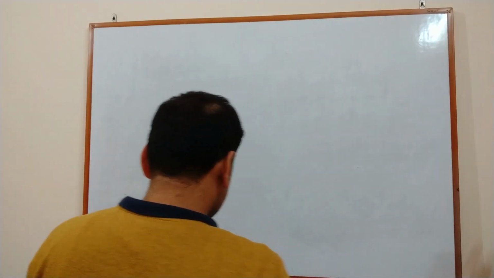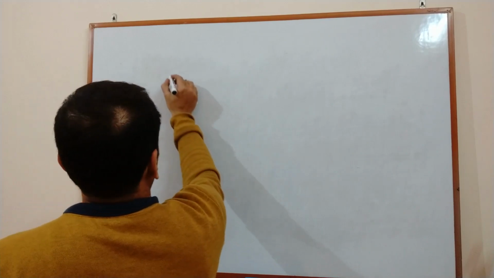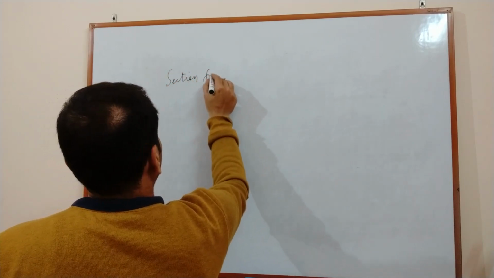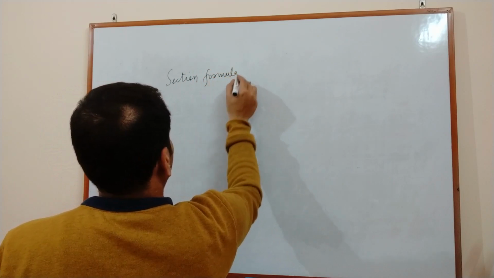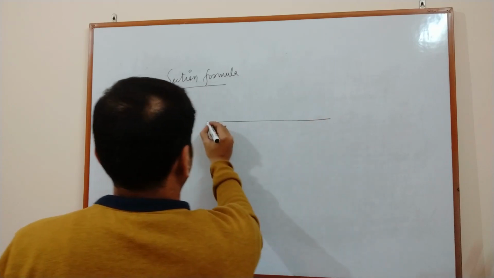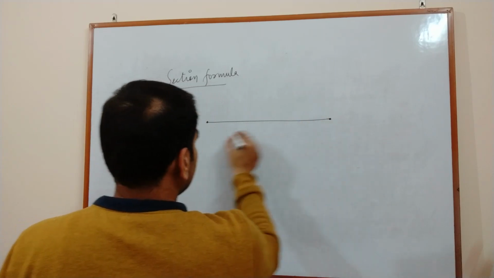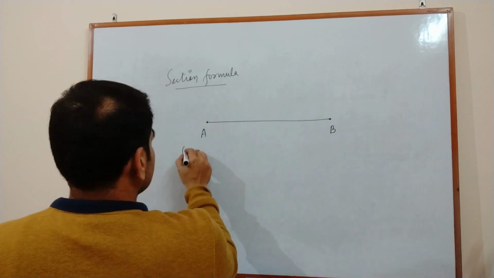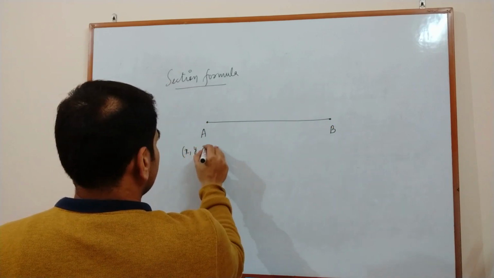We have z coordinate as well with the points. So the section formula is, again we have a line segment AB with the points x1, y1 and z1.